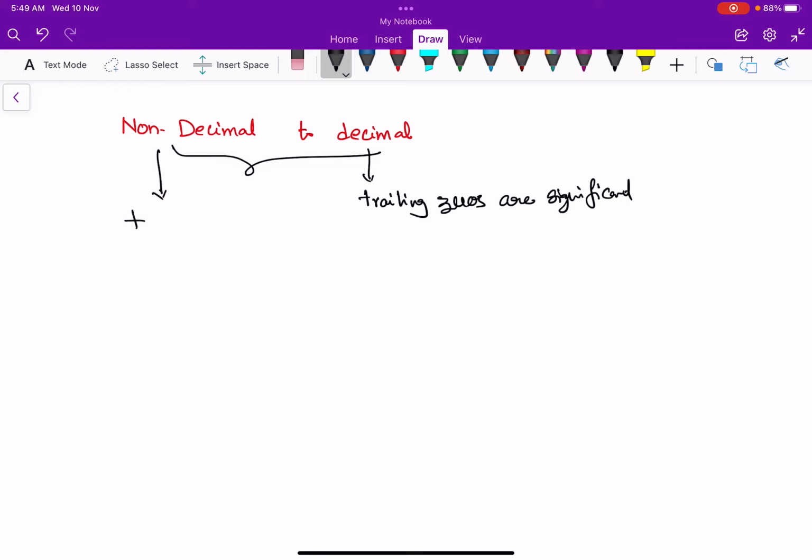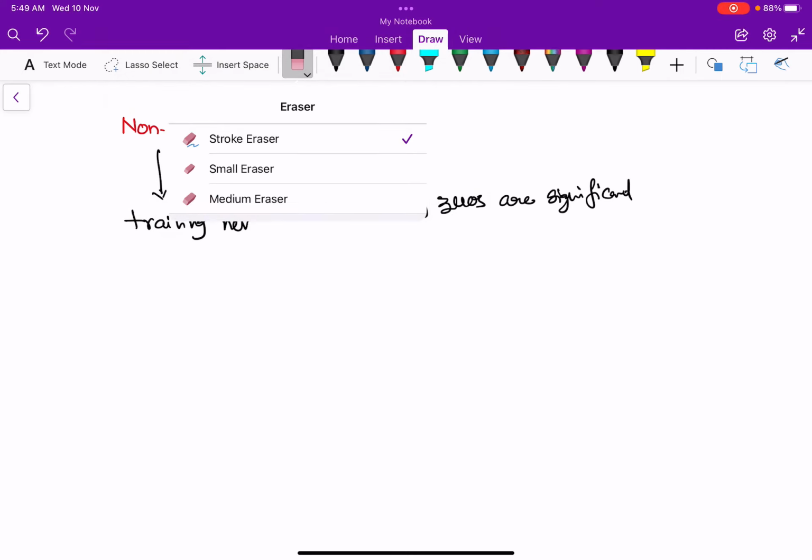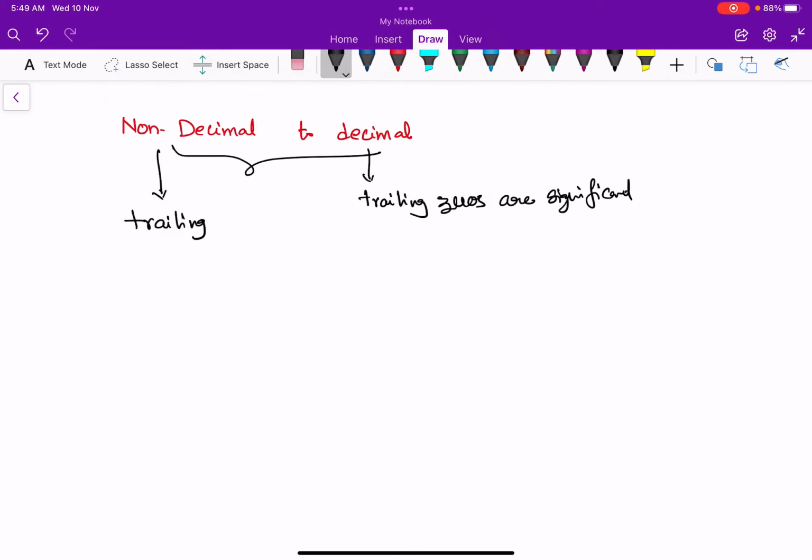Here, in non-decimal, trailing zeros are not significant.